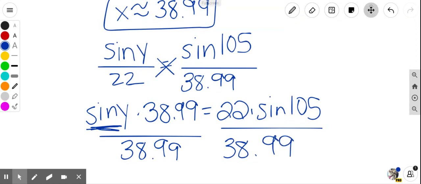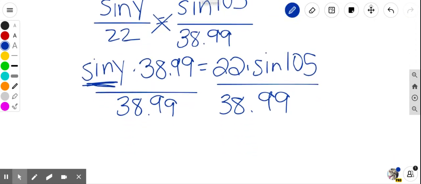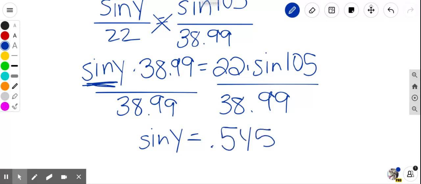Okay. So now I have sine of y equals 22 times sine of 105, which is 21.25, and then we're going to divide by 38.99, which is about 0.545. Now we have to do inverse.